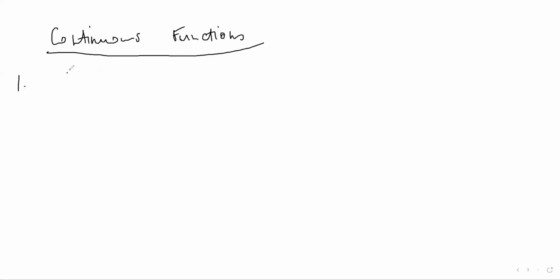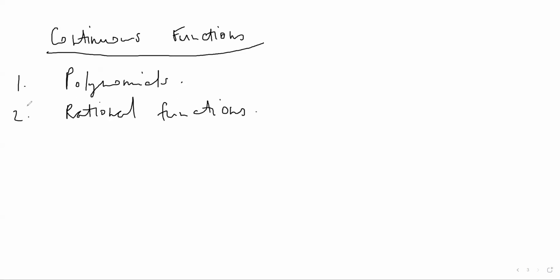Number one, polynomial functions are continuous. Also rational functions. Rational functions are basically fractions of polynomials, a polynomial over a polynomial. So polynomial functions are continuous, and rational functions are continuous.